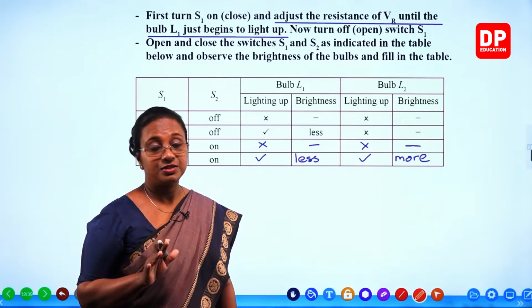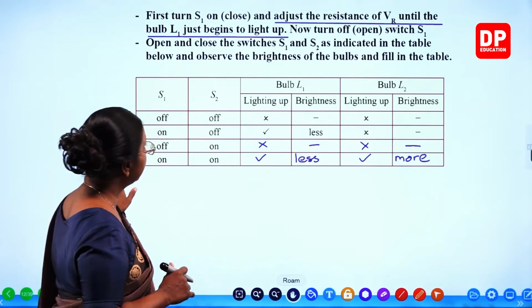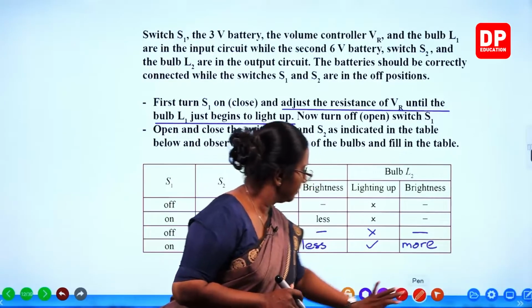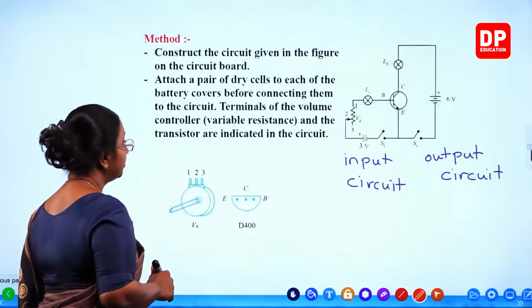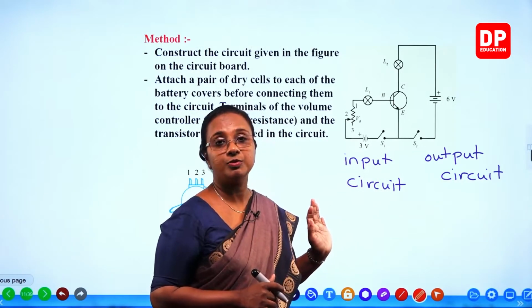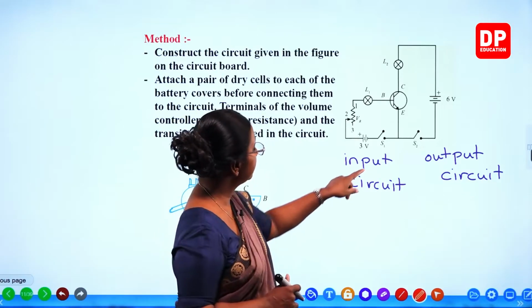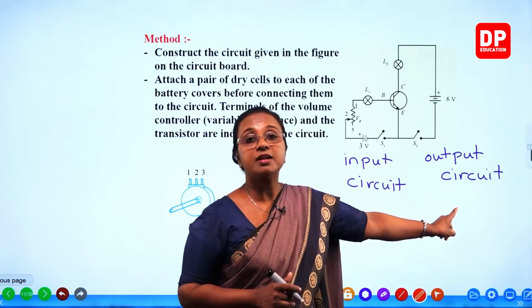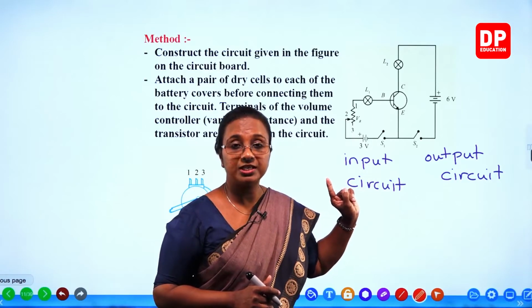Is that clear, students? So we did the activity with the circuit. So here if I go back to the method, this is the input circuit, that is the output circuit. There should always be current flow through the input circuit for a current to flow through the output circuit.